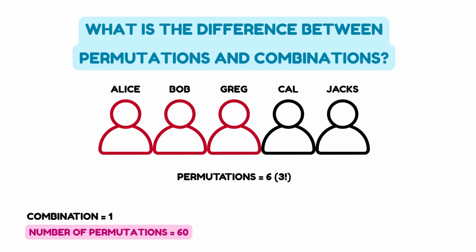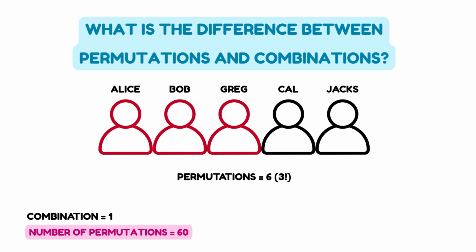Where this comes from is that factorial calculates the number of ways you can arrange a number of things. So 3 factorial calculates how many ways you can put 3 things, like we did with Alice, Bob, and Greg here. If we had to choose 4 people out of 5, the permutations for one combination would be 4 factorial, which is 24. But let's not get into that just yet.